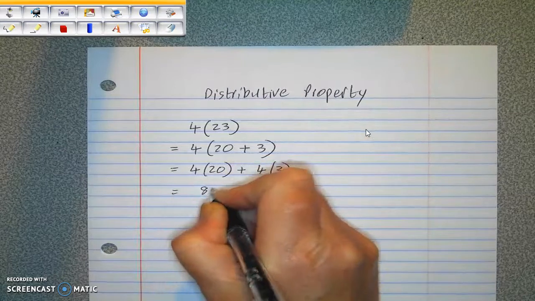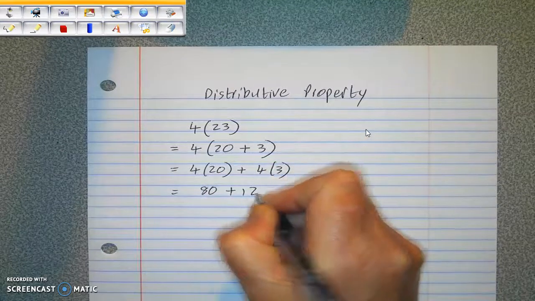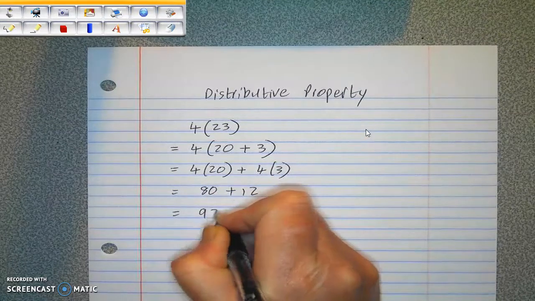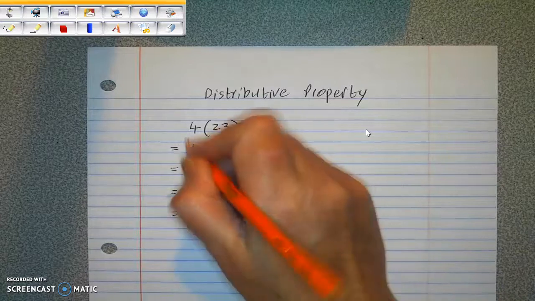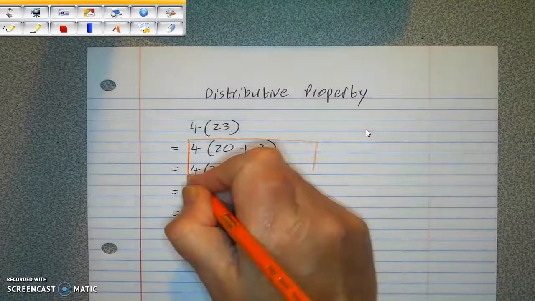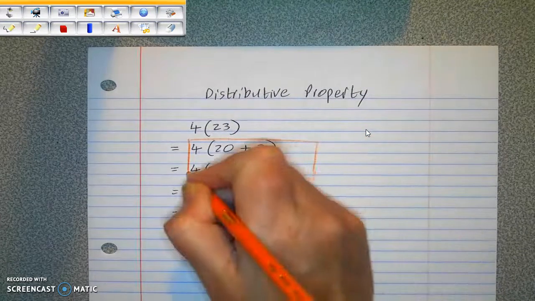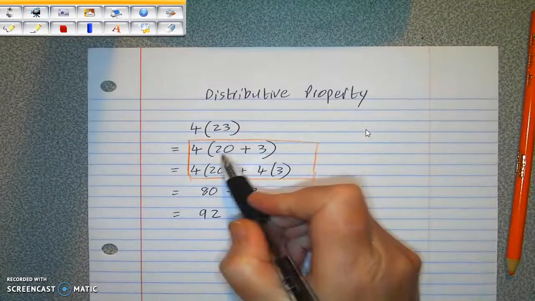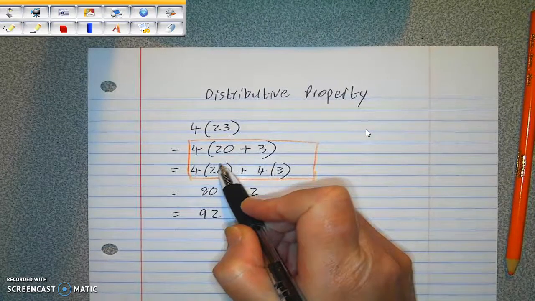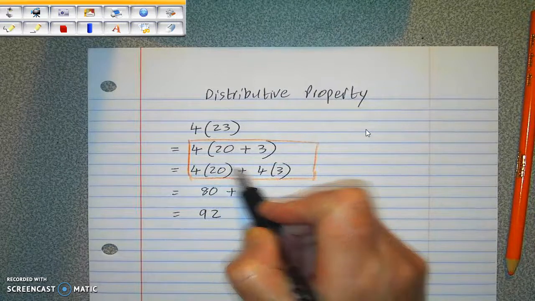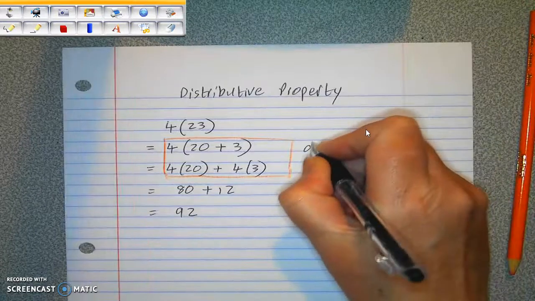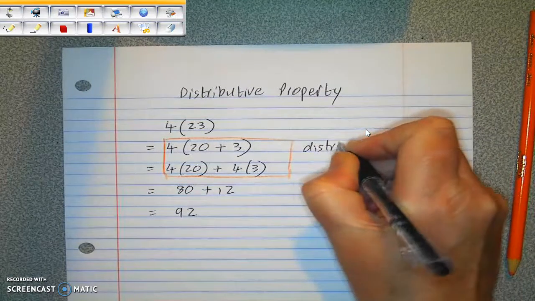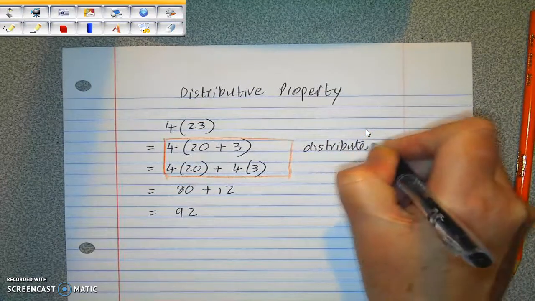So you get 80 plus 12, which is 92. Where the distributive property comes into this is this piece here in the middle. So 4 times (20 plus 3) is the same thing as 4 times 20 plus 4 times 3. And this is where we distributed the 4.